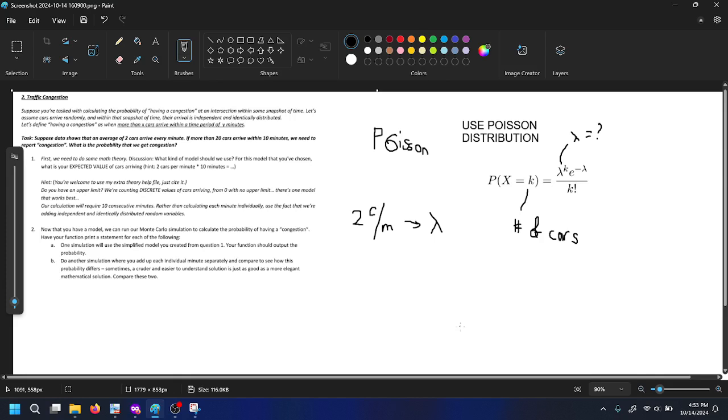The third hint I'll give is, it's also in the document here, there's a property that Poisson distributions have, where let's say we have multiple Poisson distributed variables.